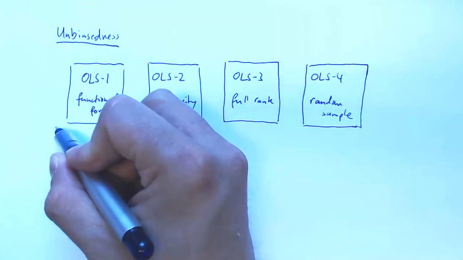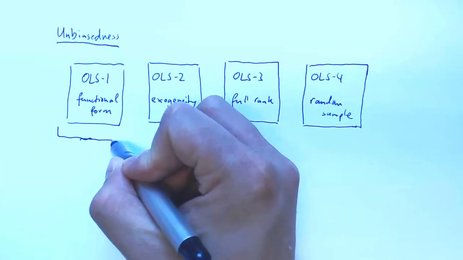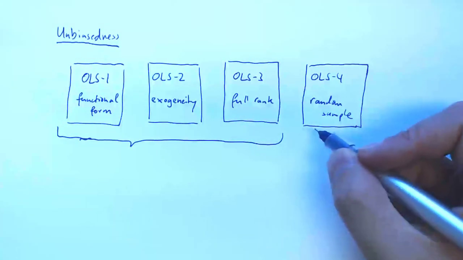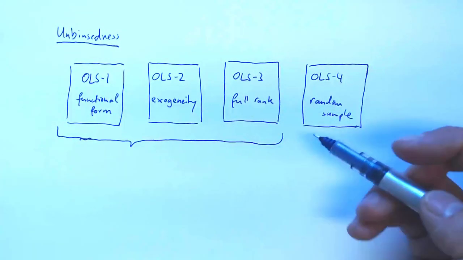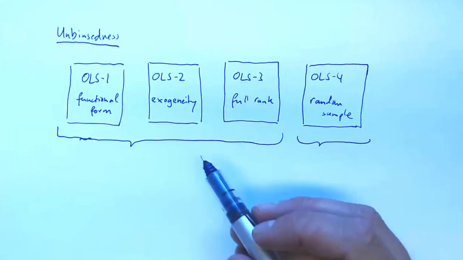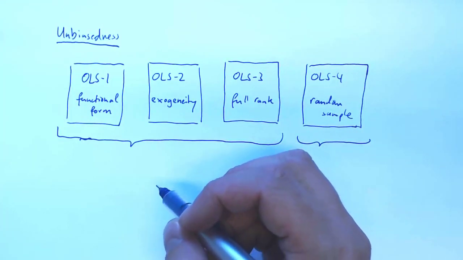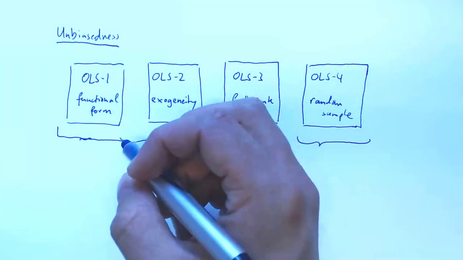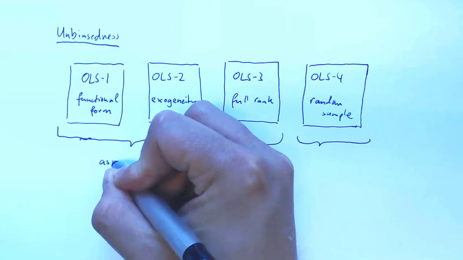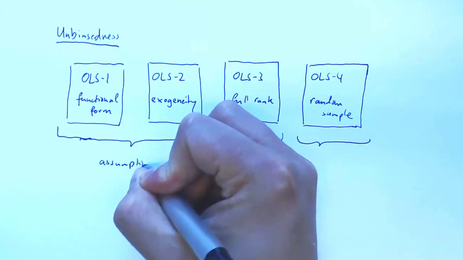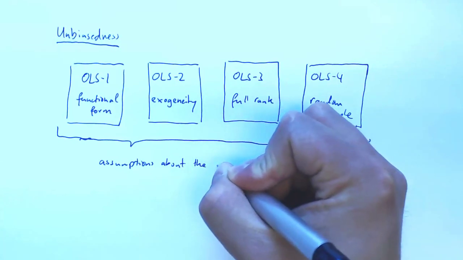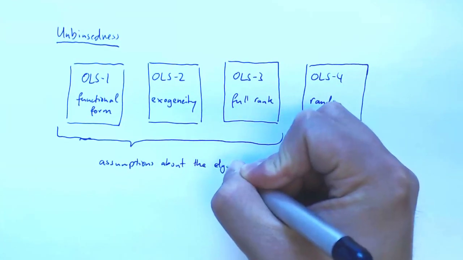And so we can distinguish these first three assumptions from the last one, so they are slightly different. The first three are assumptions about the population model, assumptions about the DGP, right?